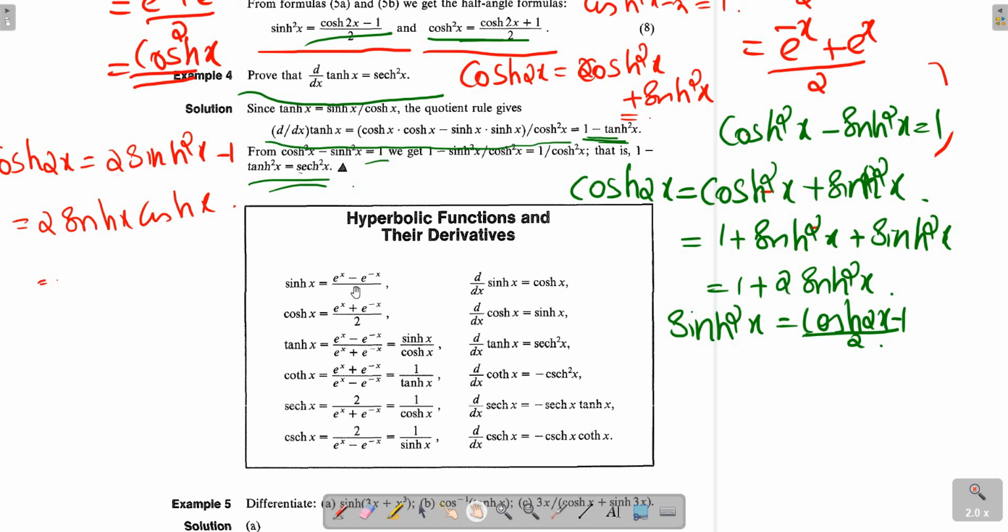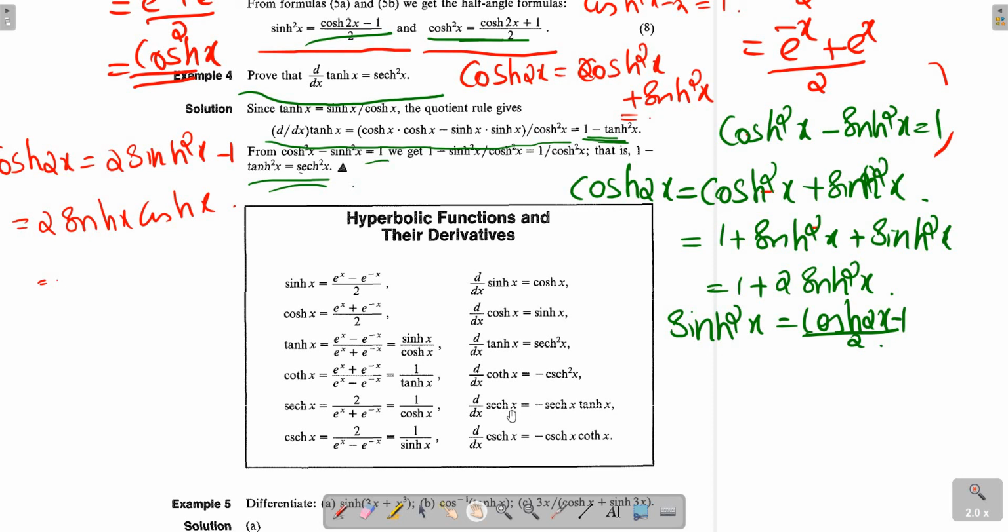So we have mainly the hyperbolic functions and their derivatives. Sinh x is equal to (e raised to x minus e raised to minus x) by 2, and cosh x is (e raised to x plus e raised to minus x) by 2. The derivative of sinh x is equal to cosh x. The derivative of cosh x is equal to sinh x. The derivative of hyperbolic tan is equal to hyperbolic sec square x. The derivative of hyperbolic cot is equal to minus hyperbolic cosec square x.